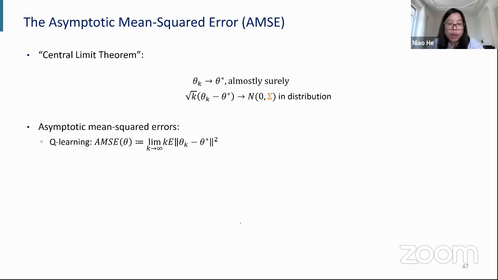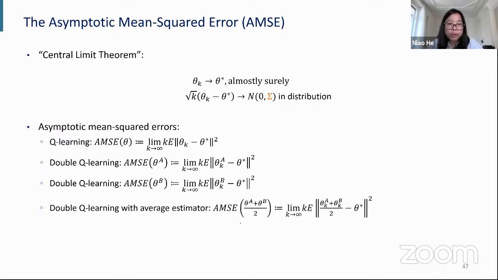For the double Q-learning algorithm, because we have two different estimates for the parameters, we can define the asymptotic mean squared error for both of those estimator parameters, theta A and theta B, right? And we can also consider the asymptotic mean squared error for the average of them. The average of them is also a good estimator for the Q value functions.